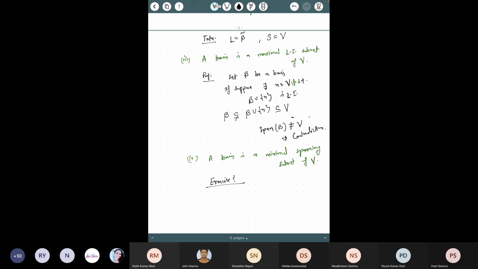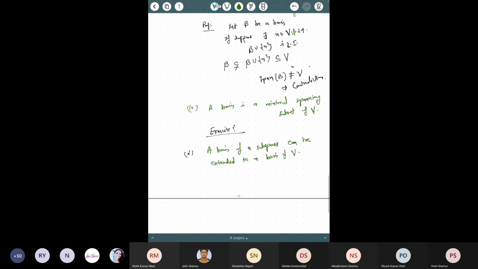All right. So similarly, using this, you can say that a basis of a subspace can be extended to a basis of V. So all these results follow from each other.